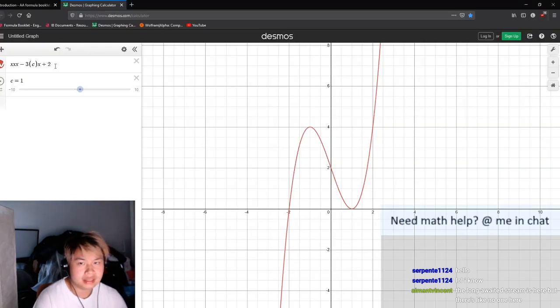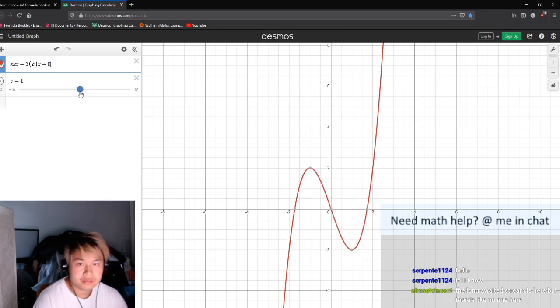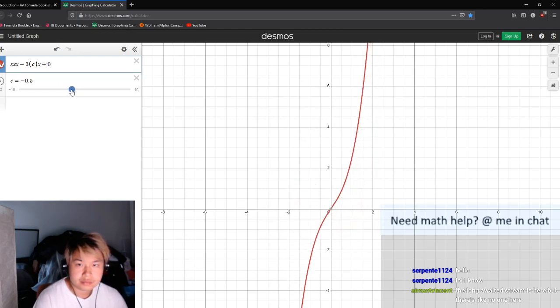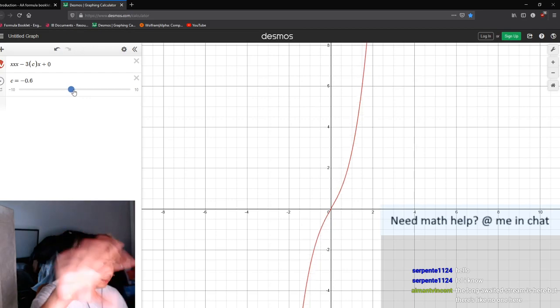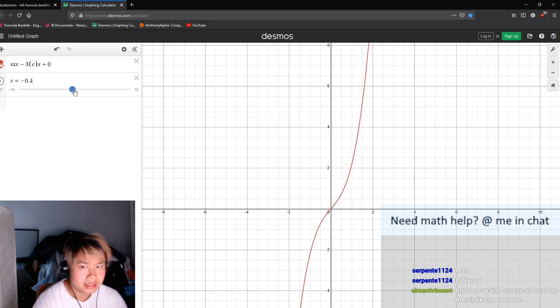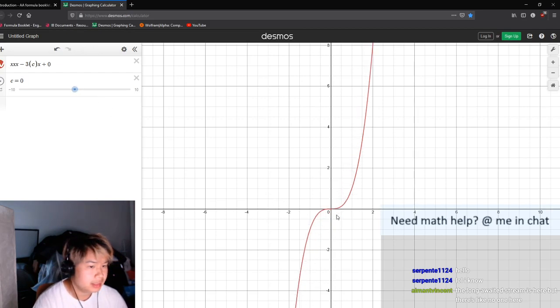So you can see this on Desmos here. If I change this to 0, so here's -1, and then it keeps rotating around the y-intercept until it hits 0, and then as you can see, it still only has 1 x-intercept, and then at this point the gradient is 0 here.